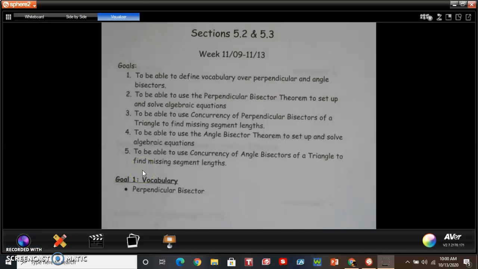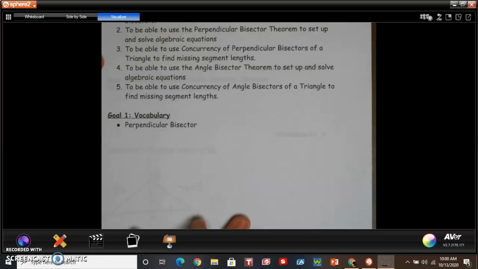Okay, so here we go. Vocab is the most important part about all of this. So goal 1, super duper important. So first we have our perpendicular bisector. And we know both of these words already. We know perpendicular means an intersection at 90 degrees, and we know bisector means to cut in half.